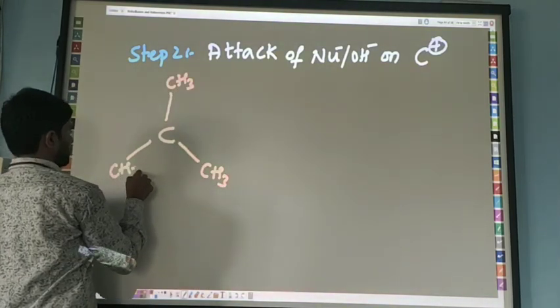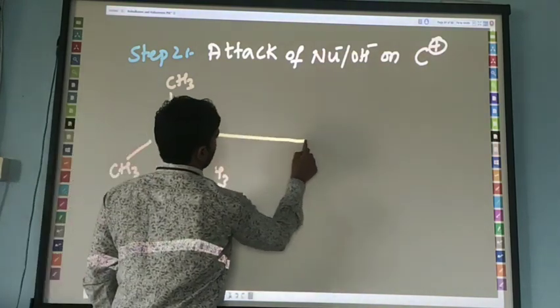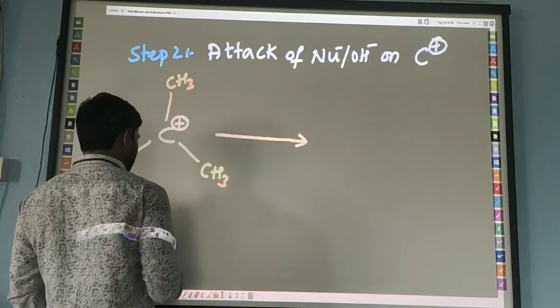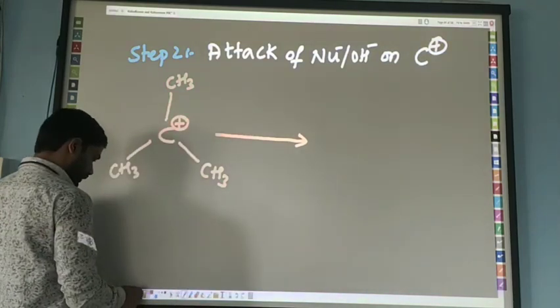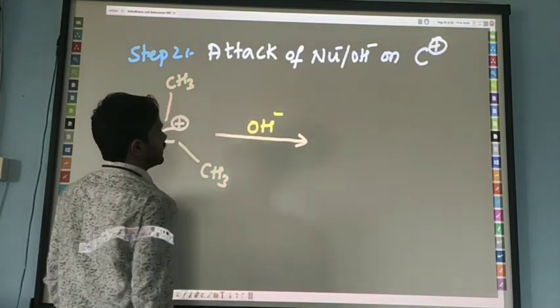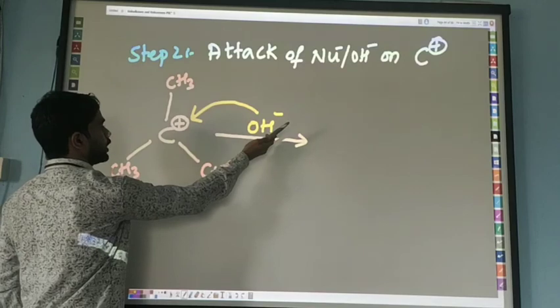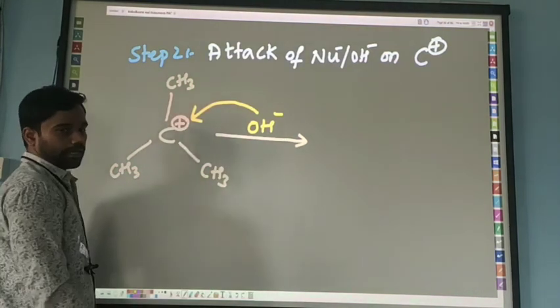CH3 is going to be generated here. This is the carbocation here. This is the forward type of reaction, and there is an attack of the nucleophile, OH minus. It is going to attack from the higher electron density to the lower electron density.